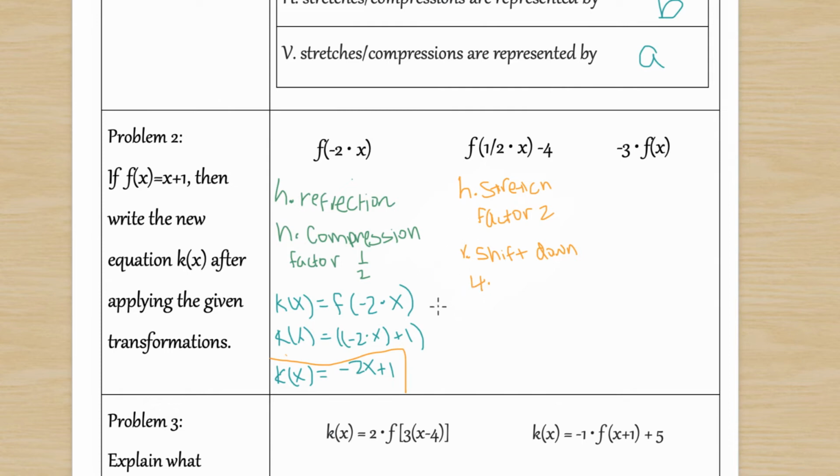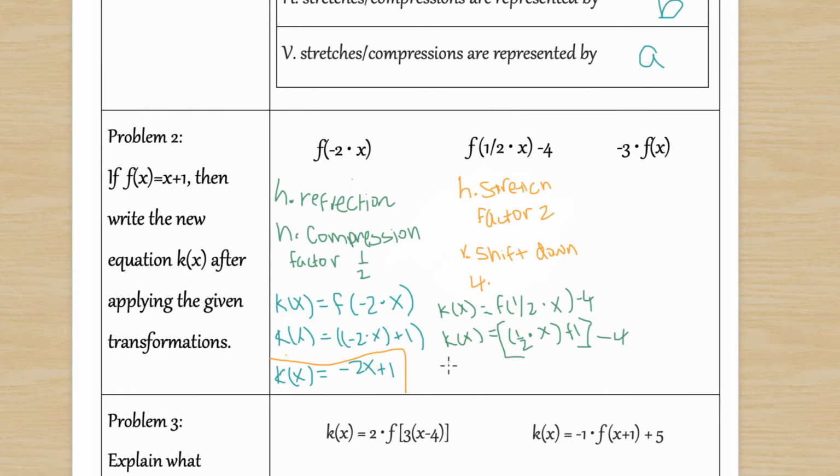So we have k of x, and we're going to set that equal to our original, which is f of 1/2 times x minus 4. Okay, and now we want to get rid of that f right there, so we're going to write it as k of x is equal to 1/2 times x, and then we're going to add the +1 to the end, and that entire f of x is being subtracted by 4.